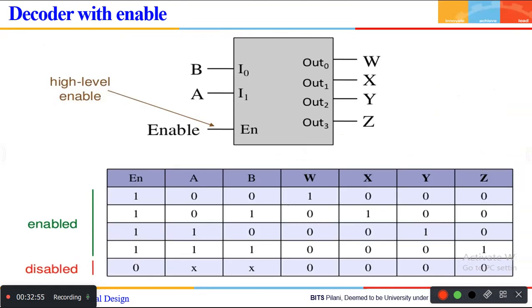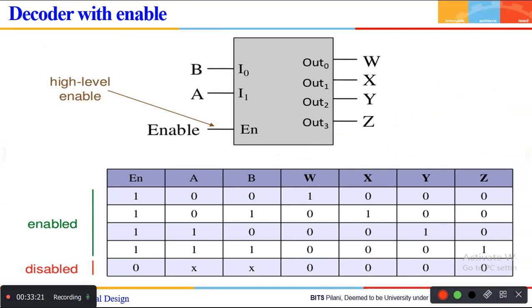Now, see this. What is this here? Tell me. Decoder with enable. What does enable do? Exactly.